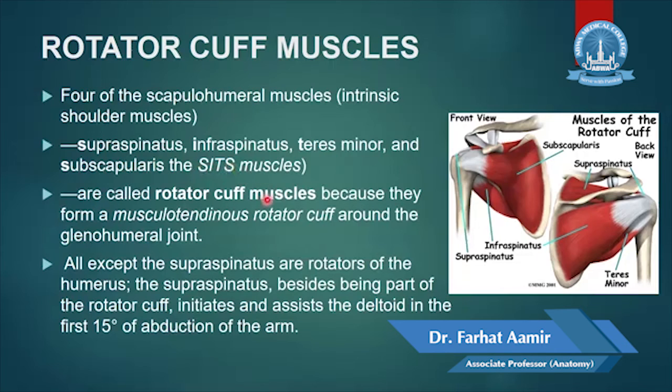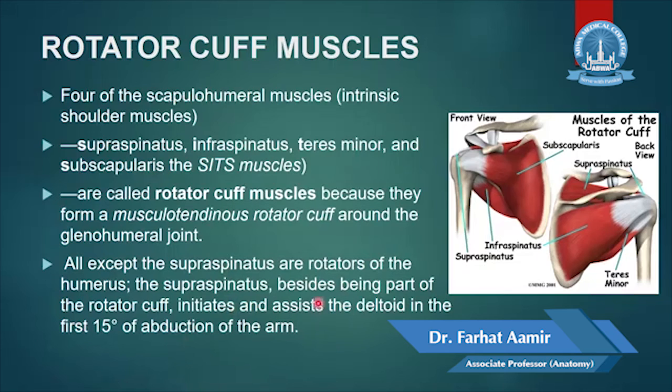They are named rotator cuff muscles because they form a musculotendinous rotator cuff around the shoulder joint. All except the supraspinatus are the rotators of the humerus. The infraspinatus is a rotator, teres minor is a rotator, and subscapularis is a rotator. Besides being part of the rotator cuff, supraspinatus initiates and assists the deltoid in the first 15 degrees of abduction.